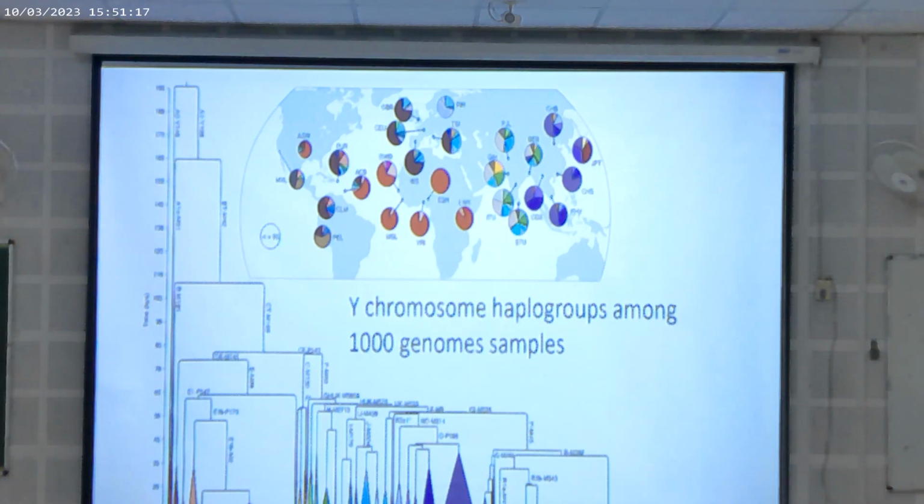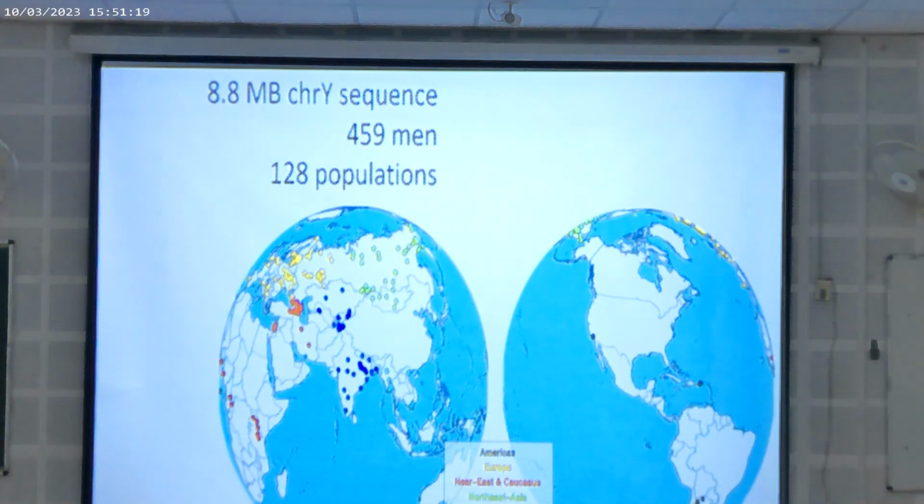So we did, a year prior to that, a somewhat similar study covering the globe and 128 populations, and there it was also aimed that some of the populations that were known not to be in those public repositories would be included.